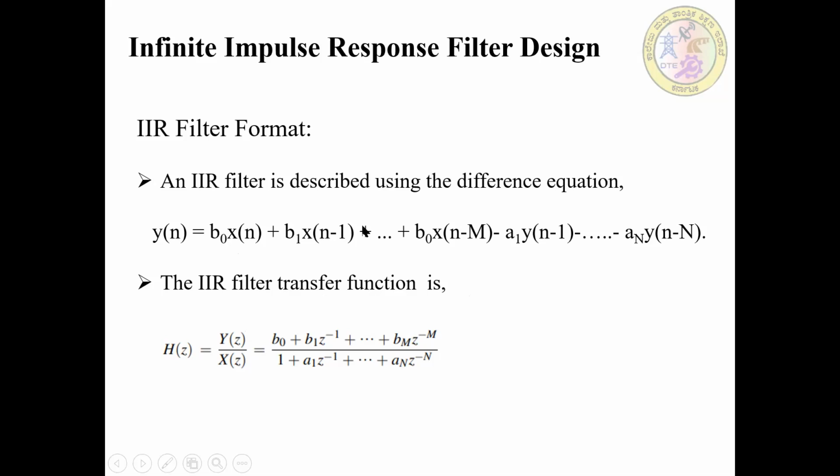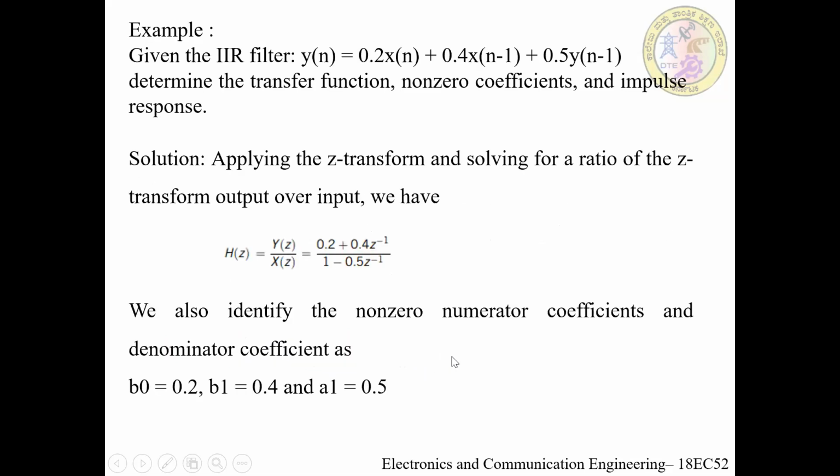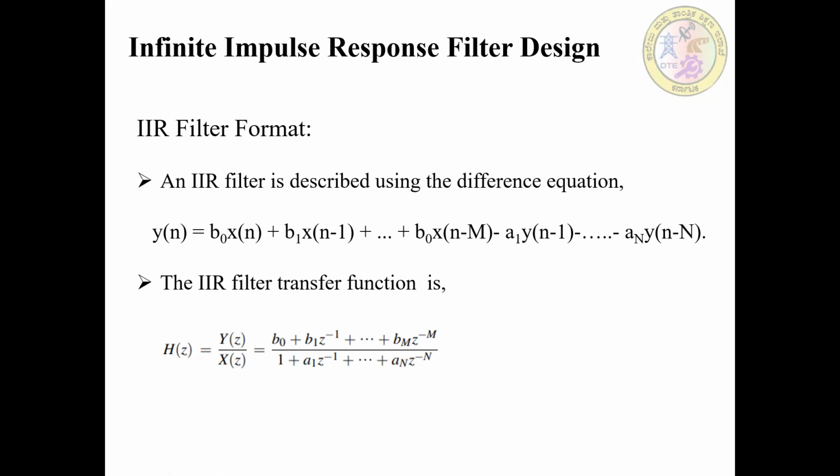If we take the Z transform of this particular difference equation and solve for the ratio of the Z transform of output to the Z transform of input, we obtain b0 plus b1 z raised to the power of minus 1 plus up to bm into z raised to the power of minus m, divided by 1 plus a1 into z raised to the power of minus 1 plus a2 into z raised to the power of minus 2 up to an into z raised to the power of minus n.